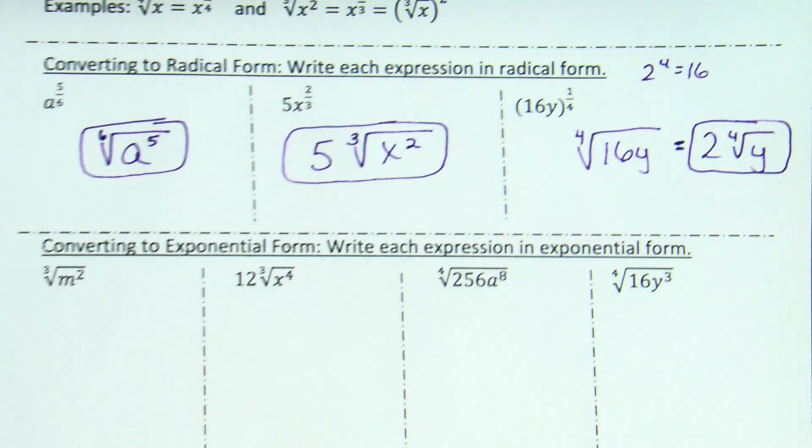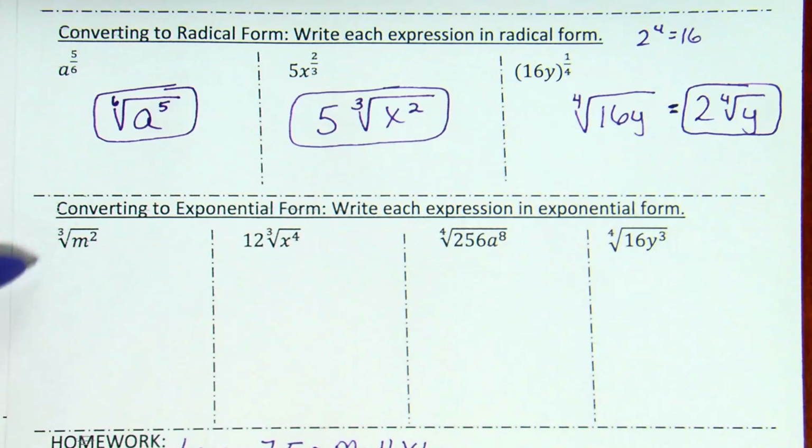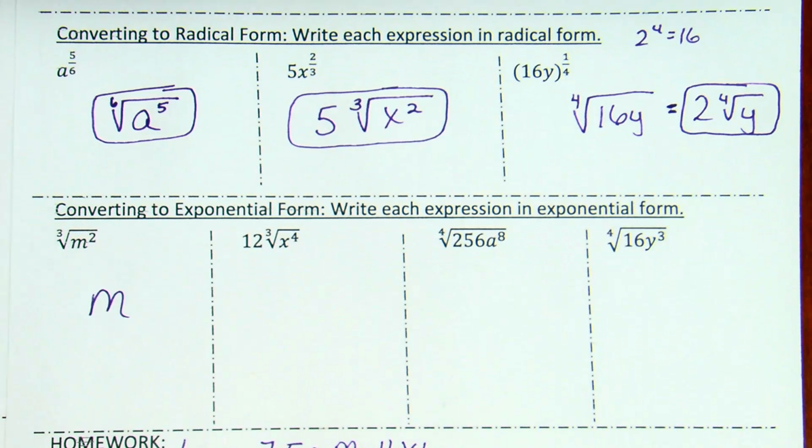Okay, now we're doing the opposite. They're giving it to us in radical form. We want to write it in exponential form. So right now it's the cube root of m to the second. This is m to what power? Down to the second.